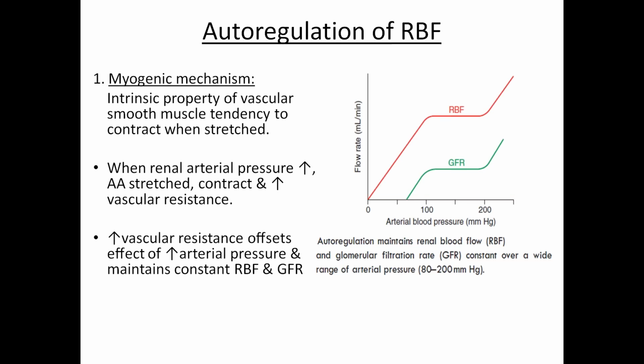This decreases renal blood flow and GFR without change in filtration fraction. I'll explain filtration fraction also. And dilation of afferent arteriole increases both renal blood flow and GFR, again without change in filtration fraction.